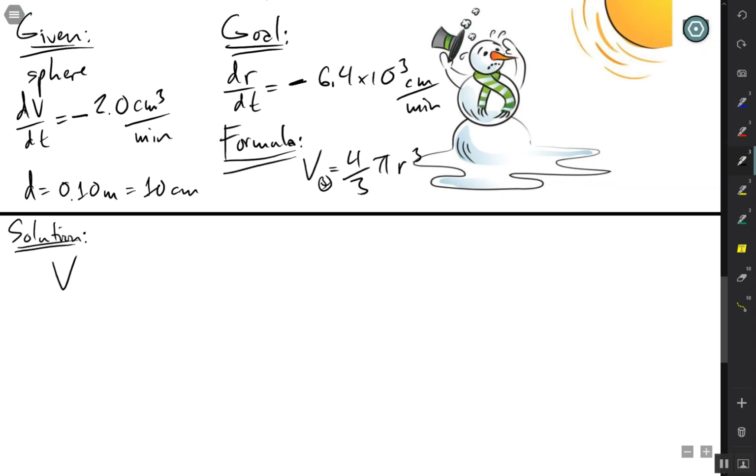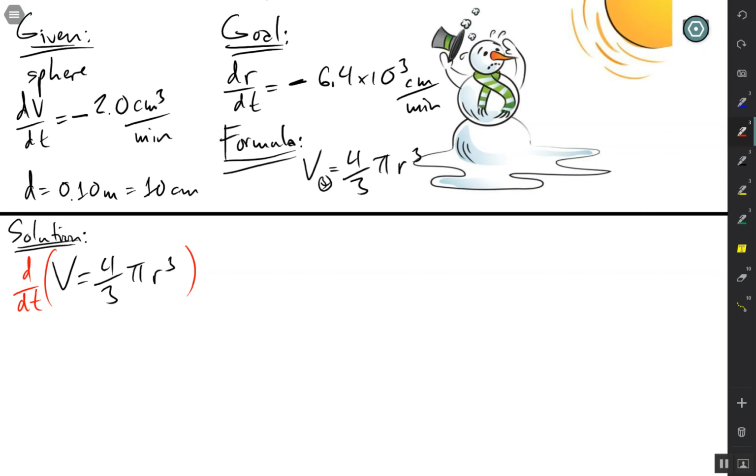We need to take the formula for the volume, which is our first clue, but then we differentiate both sides with respect to time, because our given is with respect to time, and our goal is with respect to time.